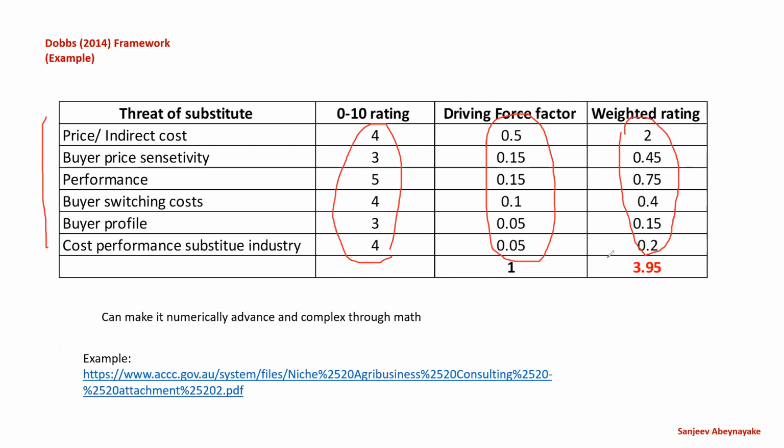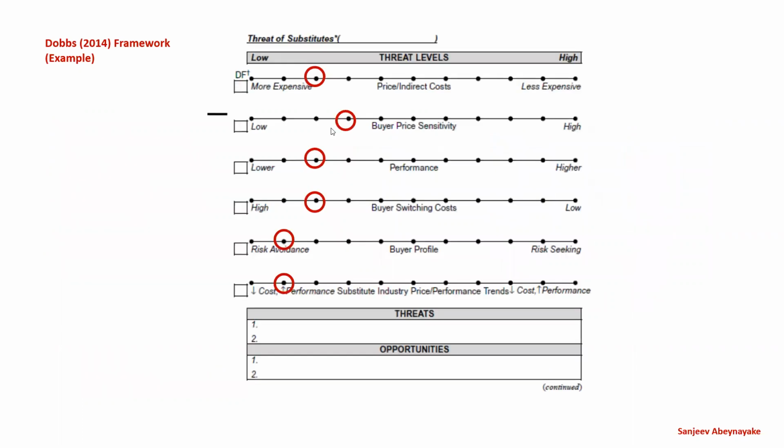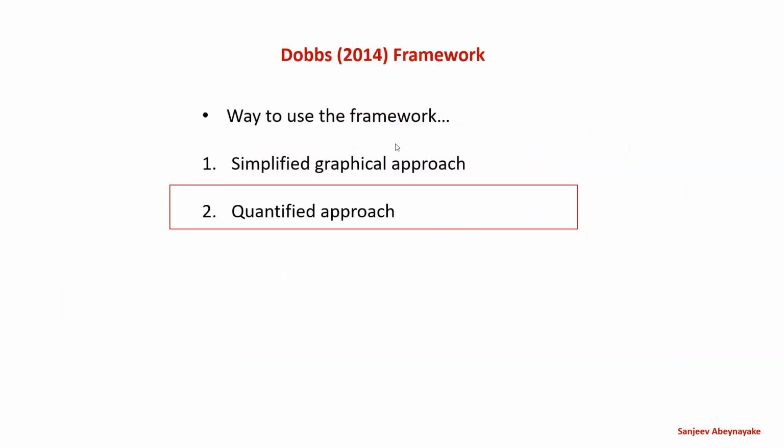And then you have 3.95 out of 10, which means you are on the lower side. So you will say the threat of substitutes is lower. It's the same thing. What I have done is you got 10 points here, I have provided a numerical number and provided a weightage for these things. Right? So that's the approach that you use here.